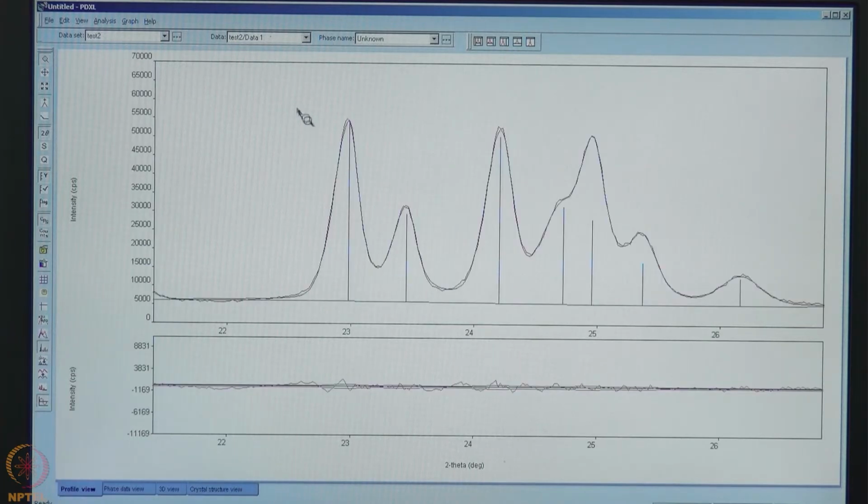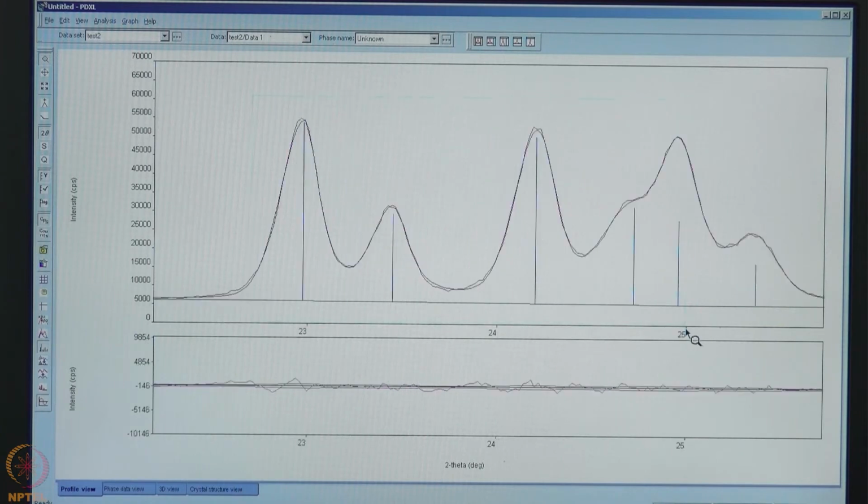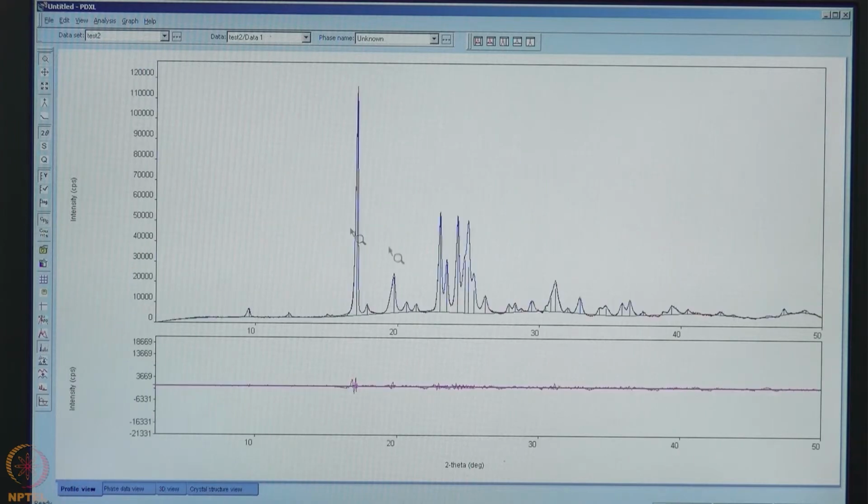And this particular software has already identified those peaks and found the correct positions, marking them as blue sticks for indexing purpose. So one can also do a powder pattern indexing using this software.